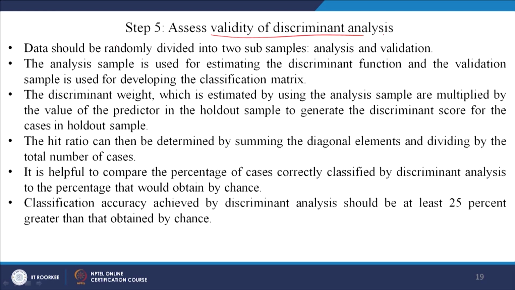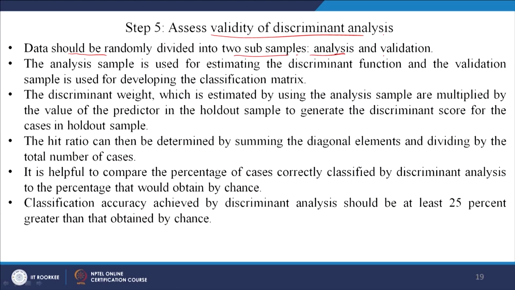To check whether the study is valid or not, what you should do is divide the data into two subsamples, one for analysis and the other for validation, right. The analysis sample is used for estimating the discriminant function and the validation sample is used for developing the classification matrix.